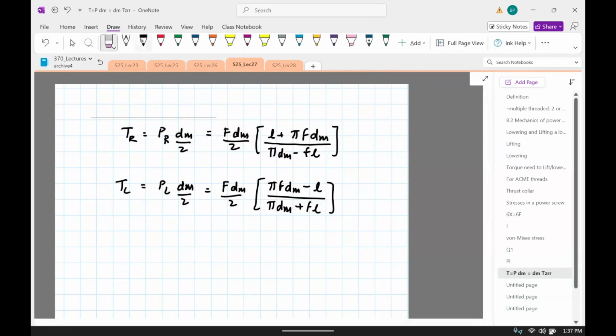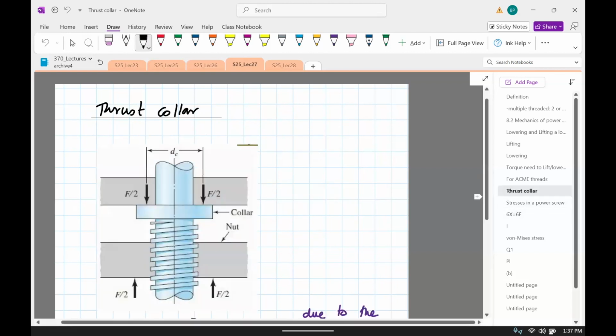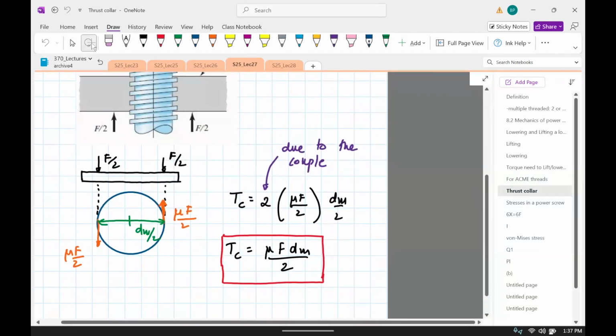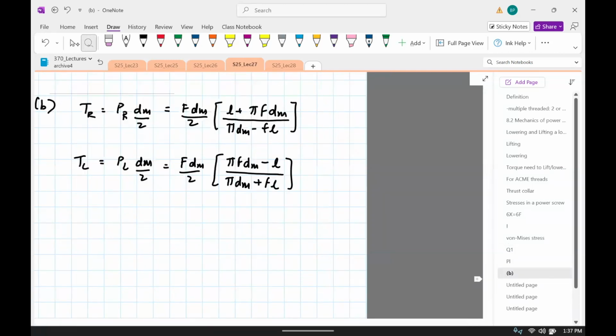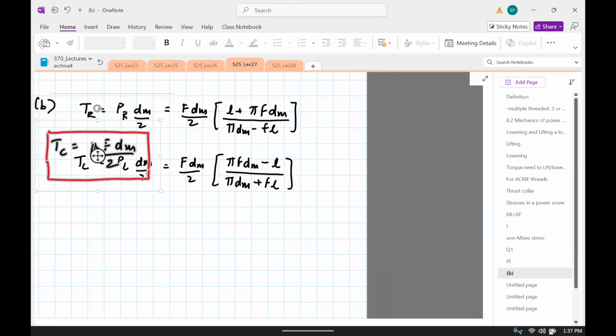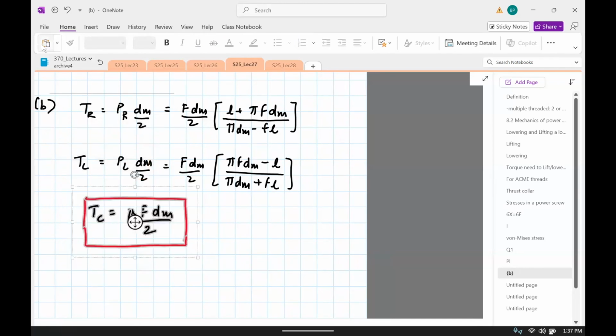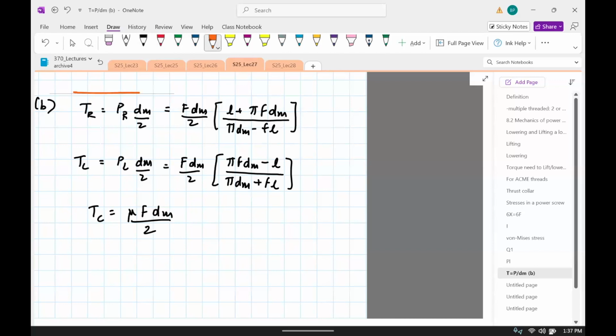I'll also need the collar one. I'll show you why. So let's take this thrust collar. There is also a copy. So all these are from the formulas earlier.